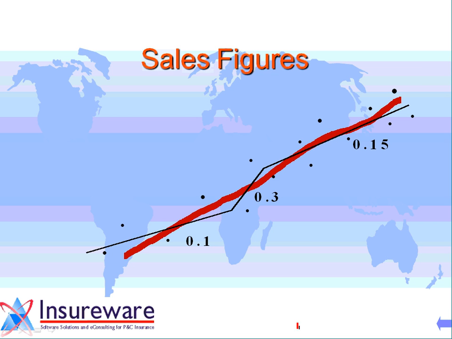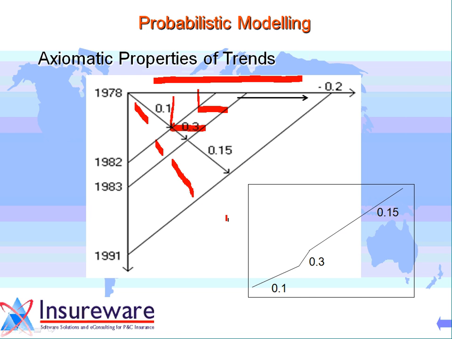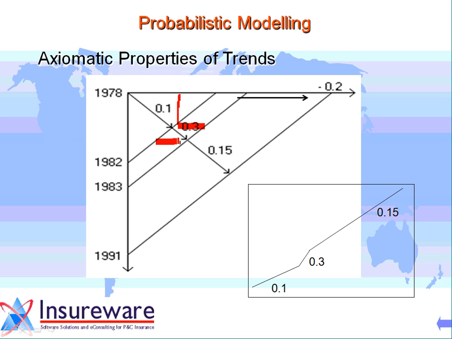And that's also available in the PowerPoint display. So if you look at the resultant runoff for any accident year, the kick up of the plus 10% here is always 1 year earlier, and that's an axiom. As you go down the accident years, it always kicks up the 30% 1 year earlier, 1 development year earlier.